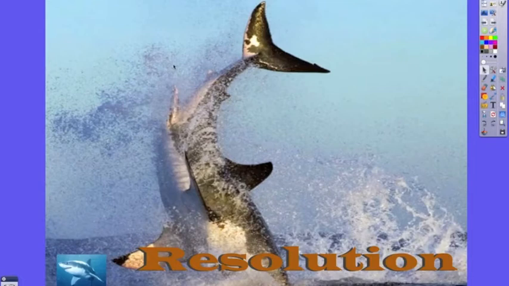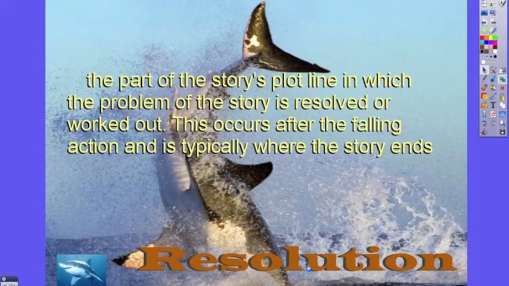Just like at the beginning of the story, when we're building suspense, we call that rising action. The falling action goes from the climax to the resolution, and the resolution is the part of the story's plot line in which the problem of the story is resolved or worked out. This is typically where the story ends.